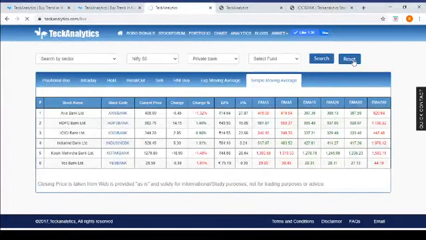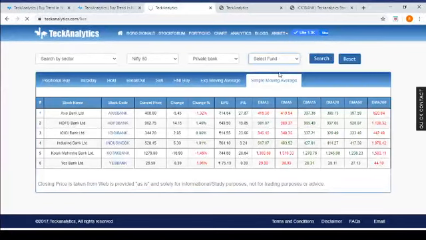And one more thing I'll show you here is funds. We also have mutual fund portfolios. We keep adding more portfolios here. So if you click on Axis Blue Chip, it will show you only the list of stocks which are in Axis Blue Chip. It is not up to date. We do change every 3 months or 6 months.